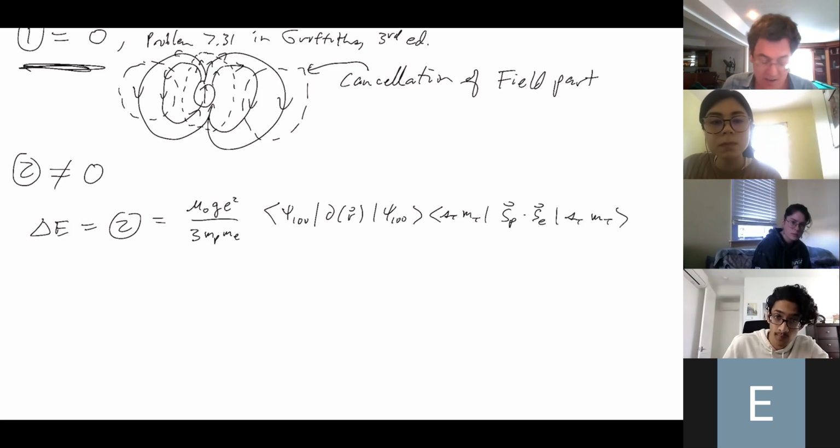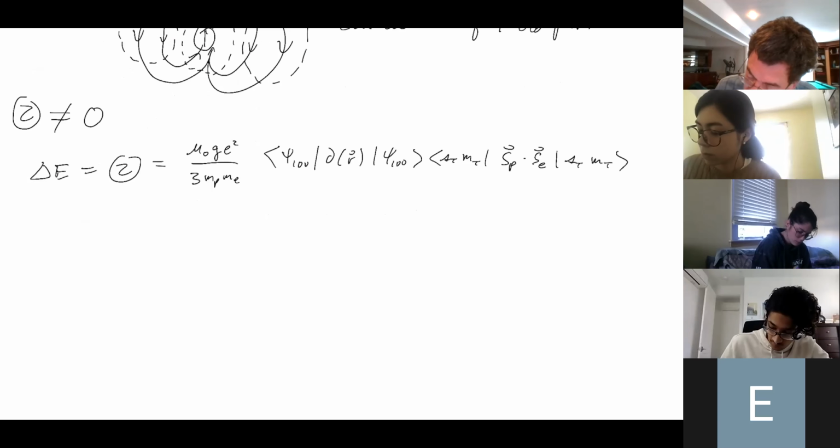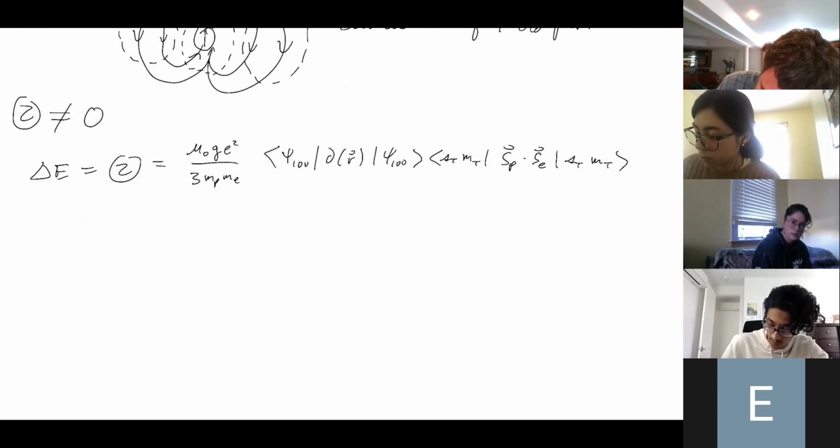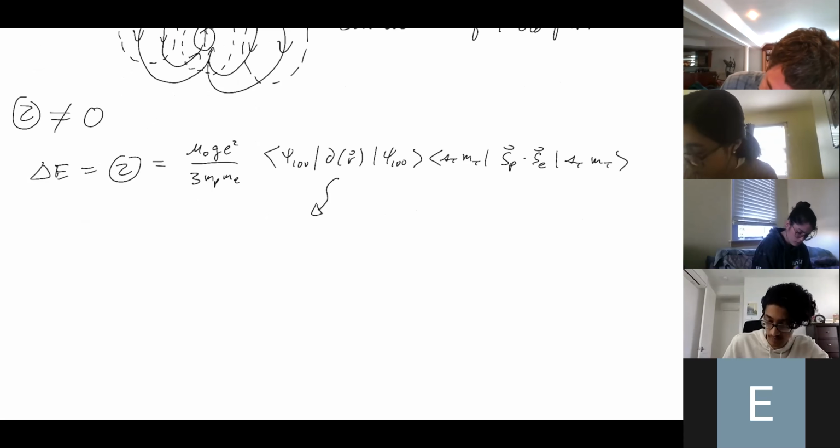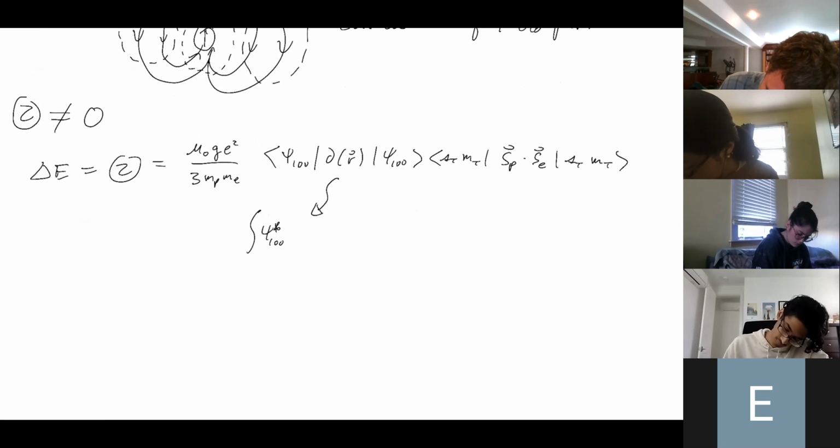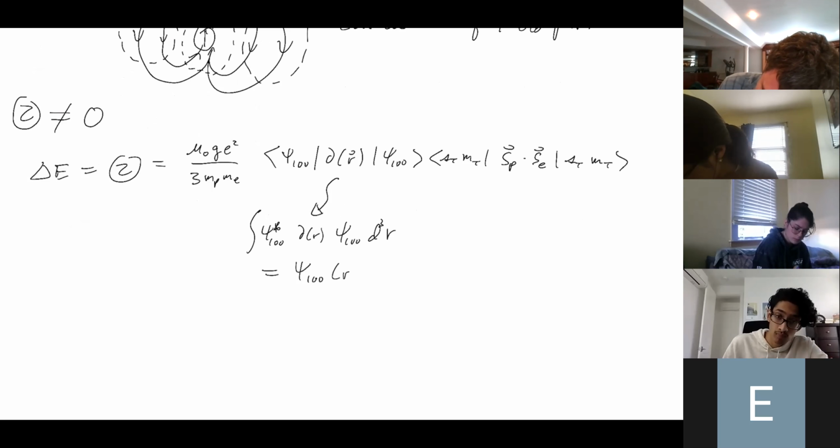And so now we have to calculate this. And this turns out to be pretty easy because these two parts are easy. This part is just going to be the integral of psi star 1, 0, 0 delta of R psi 1, 0, 0 d cubed R, which is just going to be equal to psi 1, 0, 0 evaluated at R equals 0 squared, right?